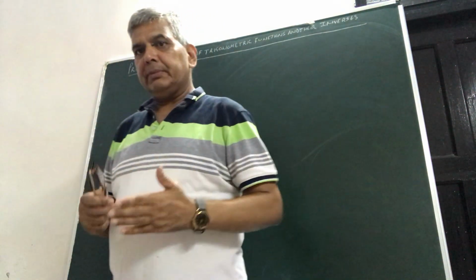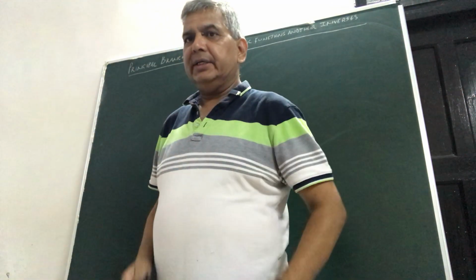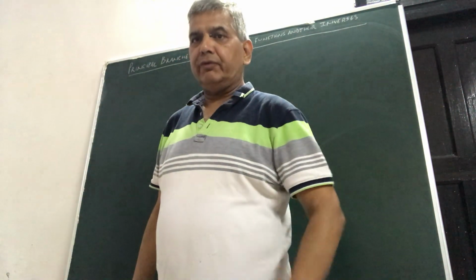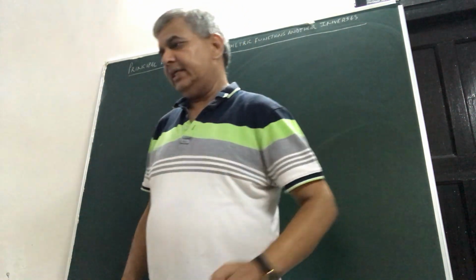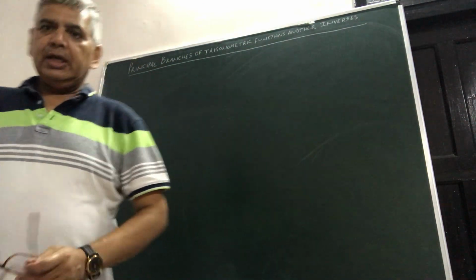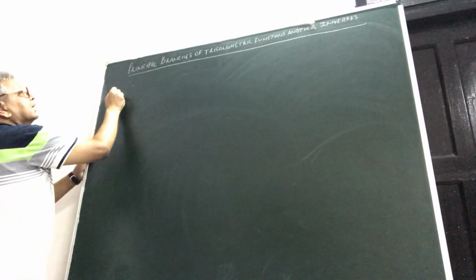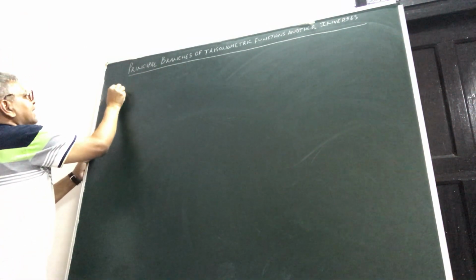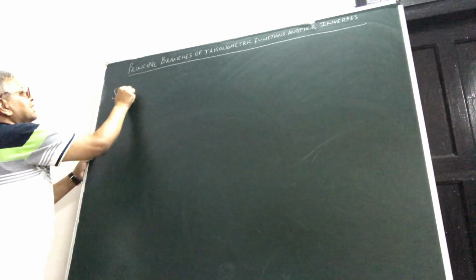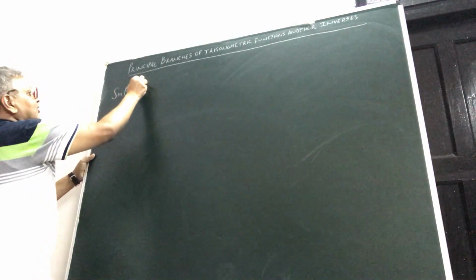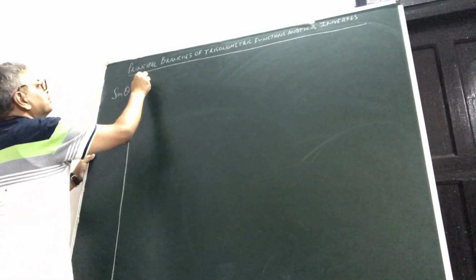And so I am writing here the principal branches of the trigonometric functions and the inverse trigonometric functions. You will refresh it like this. For sine, I will be writing sine theta, and in the second column, I will be writing the principal branch.